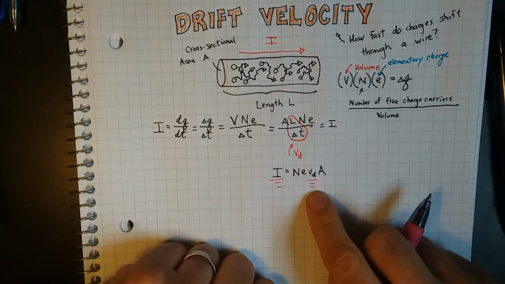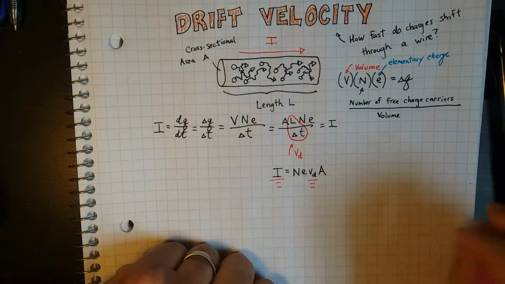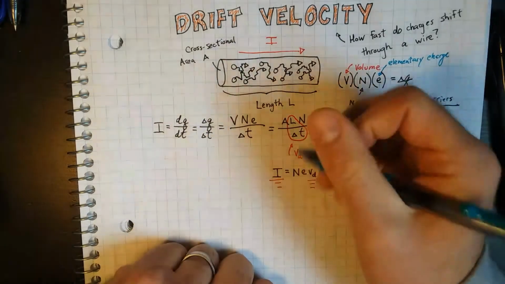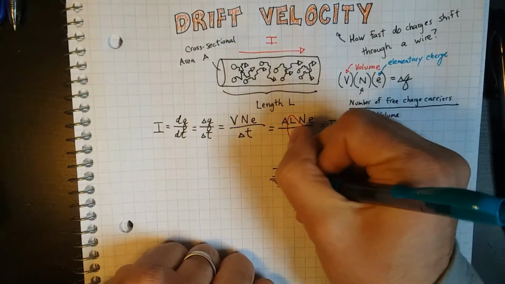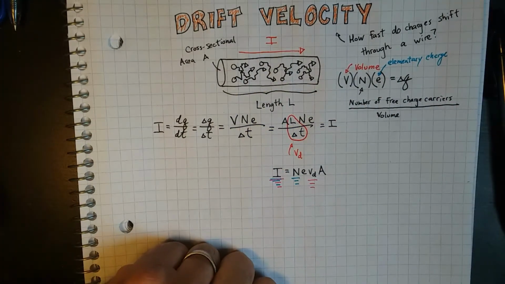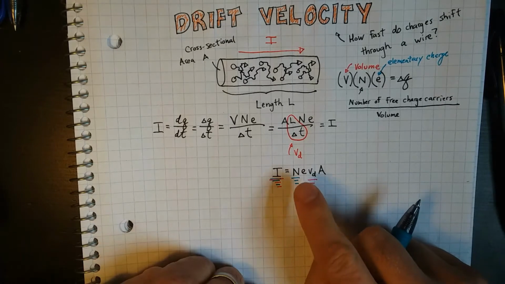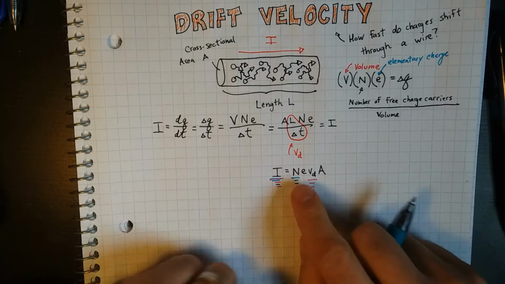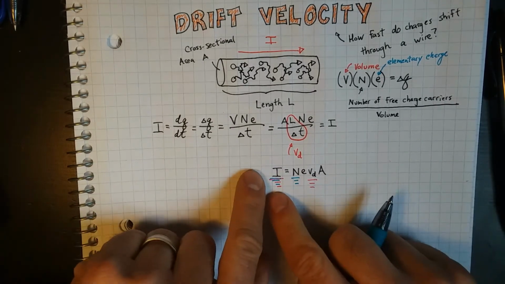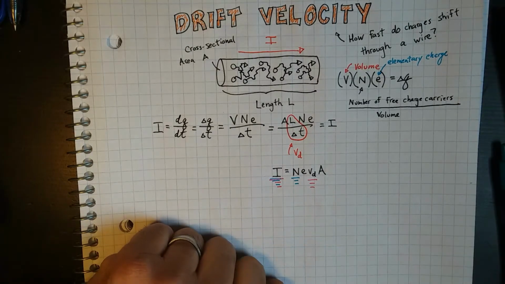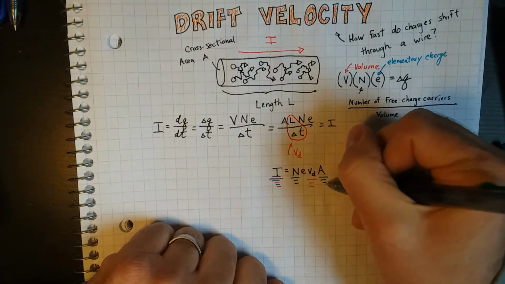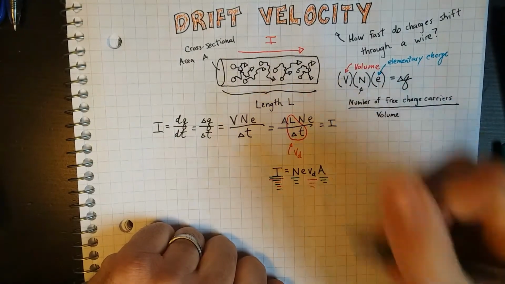That the faster they're going, the more current you've got. Also, what kind of makes sense is that the number of free electrons per volume is also proportional to the current. Because if there's more free electrons to move at that velocity, there should be more current. And what also makes sense is that area is proportional to the current.